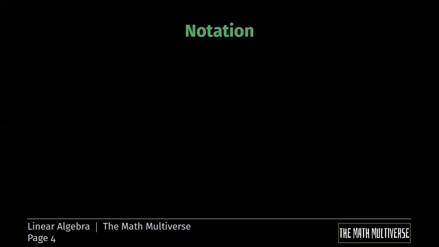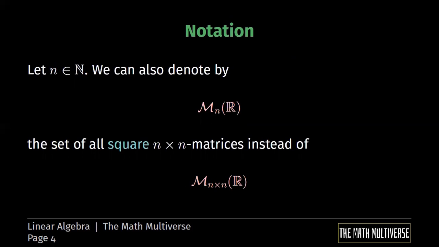Instead of denoting the set as M n times n R, where we need to repeat n twice, we can simply use M small n R. This is a very common notation which will be used from now on.